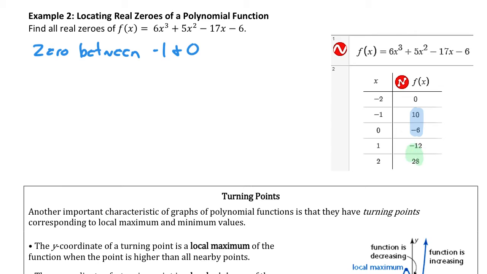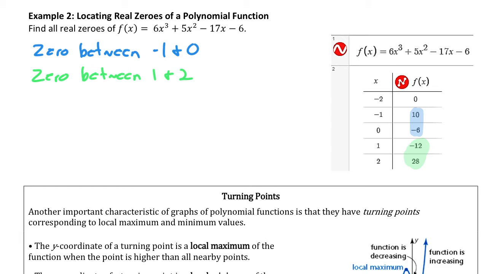I can also look and see right there, there's a 0 between x values of 1 and 2, because the outputs go from positive to negative.